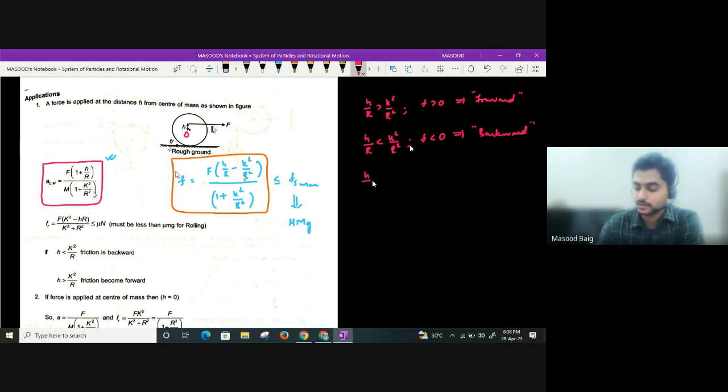However, if h by r value is equal to k square by r square, guys, is there a necessity of friction? No. So if some force is applied for an object to perform pure rolling on a horizontal surface, depending on the force applied, friction may be present, may not be present. So is it necessary for friction to be present in order for the object to perform pure rolling on a horizontal surface?